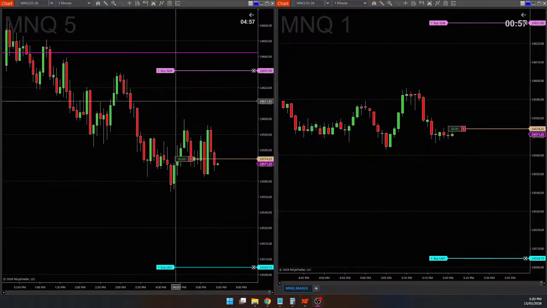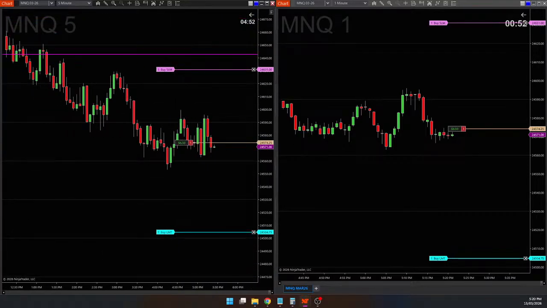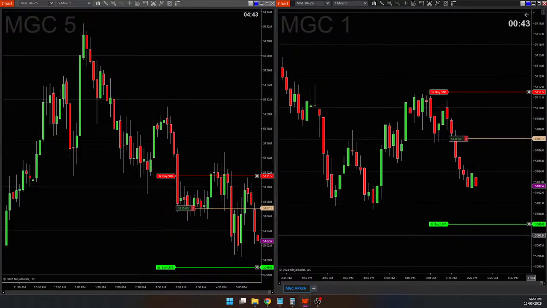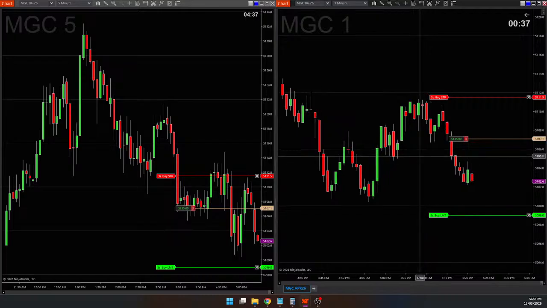Look at the 5 minute chart, it is just incredibly choppy. Gold's back over 100. And yeah, 3 contracts.